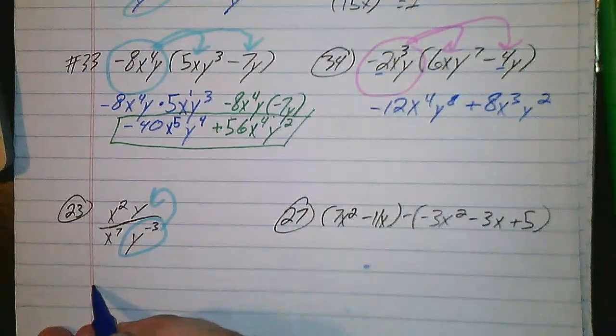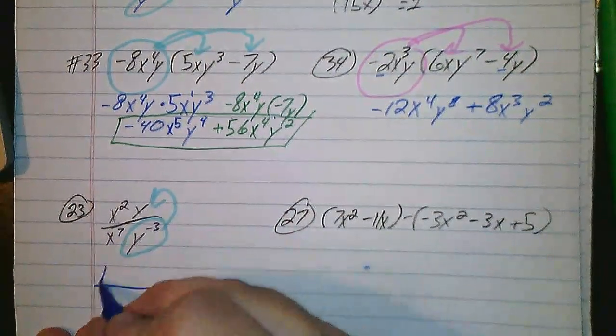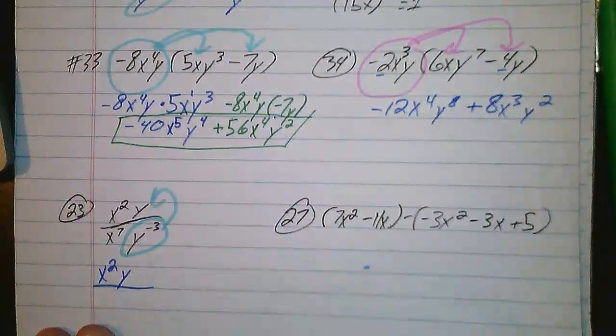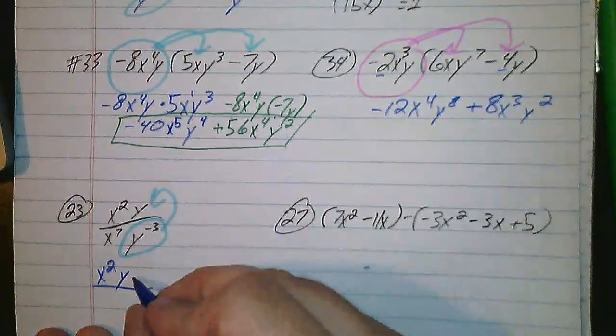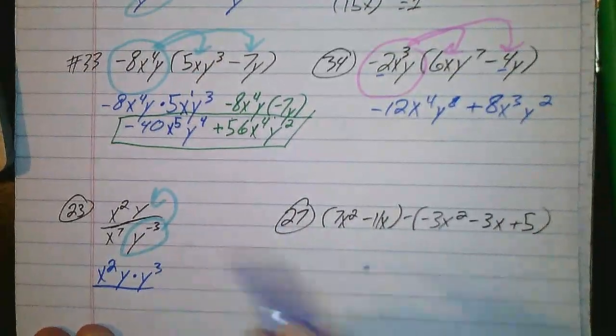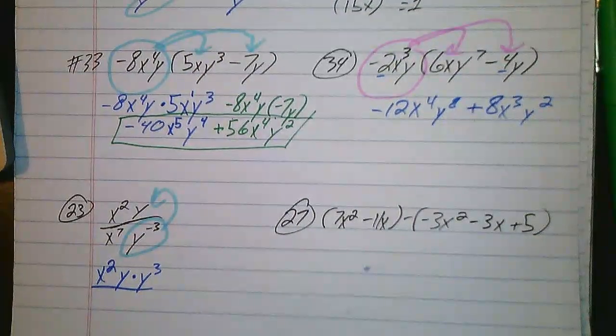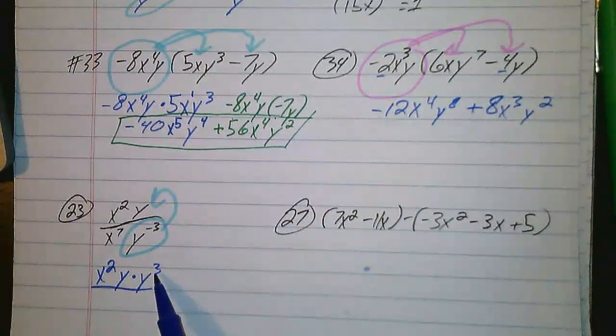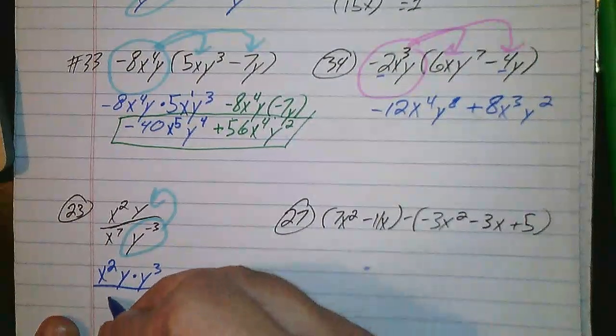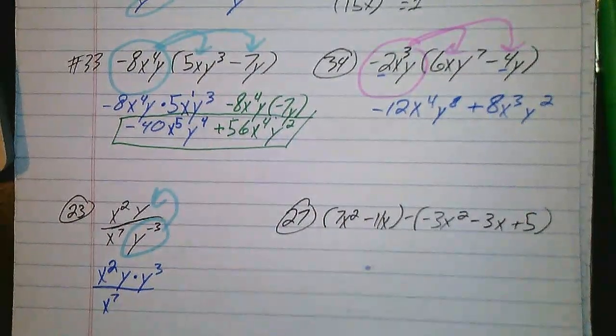So what do we have now? I've got my x squared y that was already up top. Now I've moved y to the third up top. Make sure that you change the exponent to positive as you move it over the fraction bar. And then on bottom is x to the seventh.